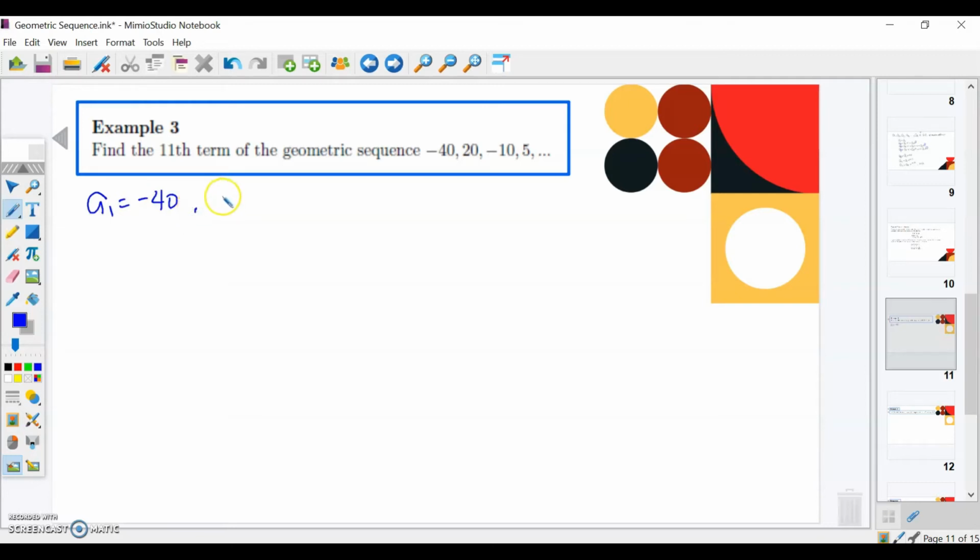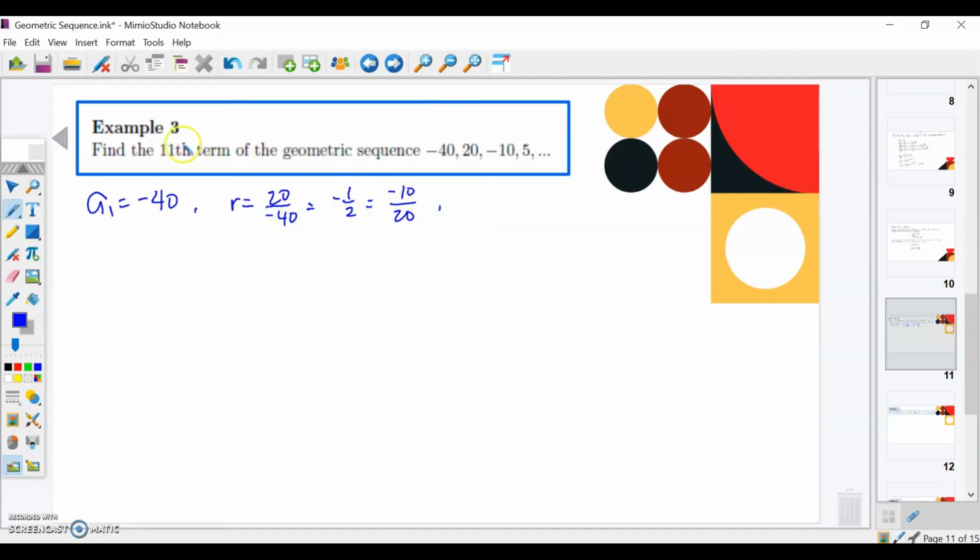And then, we are given the common ratio, but we still need to find it. So, r is equal to the ratio of 20 and negative 40, which is equal to negative 1/2. This is also the same as the ratio of negative 10 over 20, which is, of course, negative 1/2.